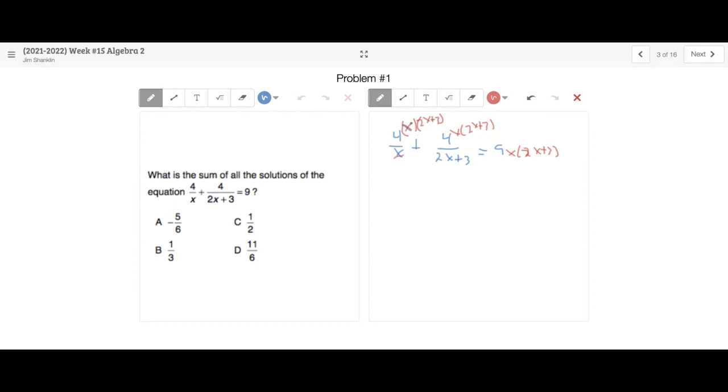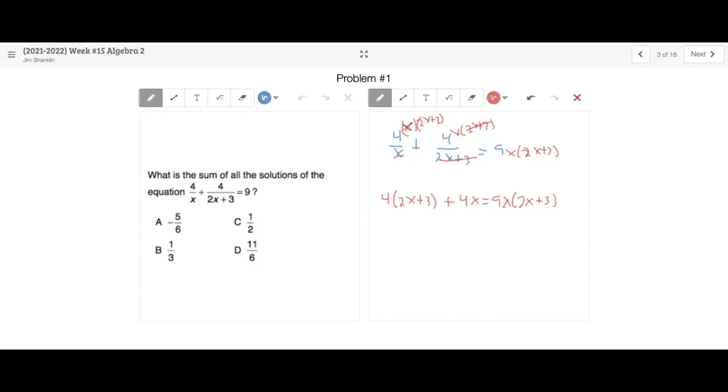Okay, so here the x's cross out. Okay, that's cool. So I got 4, 2x plus 3, plus, and here the 2x plus 3's cross out. So I'm left with 4x is equal to, and here I'm just left with 9x, 2x plus 3. Okay, so I got rid of the denominator. But to tell you the truth, it still looks pretty tough, doesn't it?